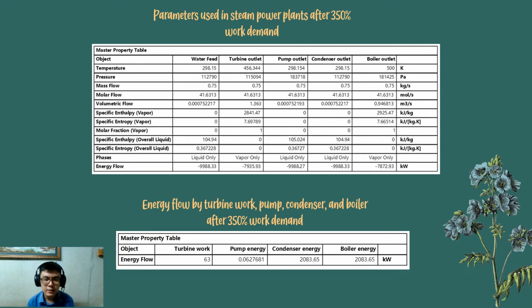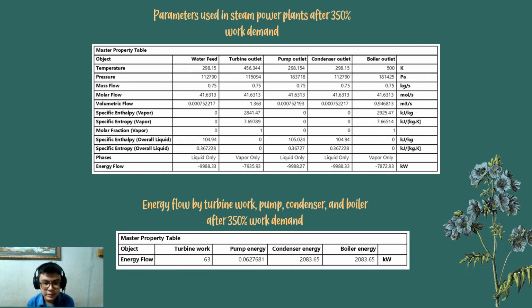So we can see there is significant changes of pressure throughout the cycle, going through from water fed, turbine outlet, pump outlet, condenser, and the boiler. For the mass flow and molar flow rate, it is the same throughout the cycle, which is 0.75 kilogram per second and 41.63 mole per second.